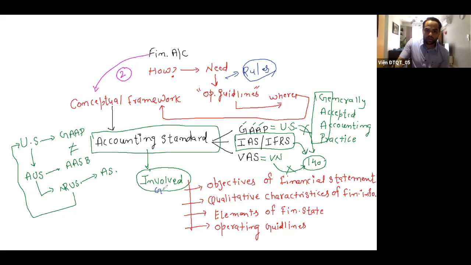What is the goal? In other words, you can say the goal of financial statement, qualitative characteristics, what should be the nature, how financial statement looks alike, all right? What are the major components, right? And what are the rules, right? What are the rules?